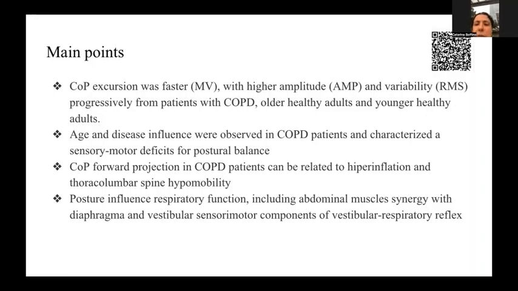We also have the importance of vestibular sensory motor components, which can be damaged in these patients, like the vestibular respiratory reflex, and this can lead to poorer respiratory function. And we need to see this to arrive at better approaches for these patients.